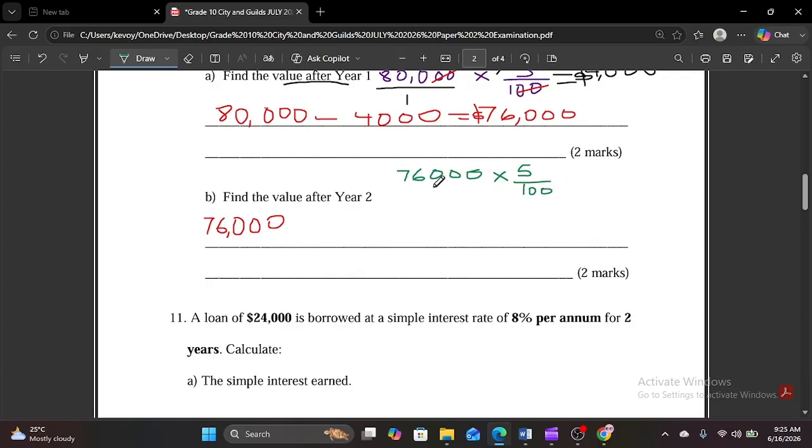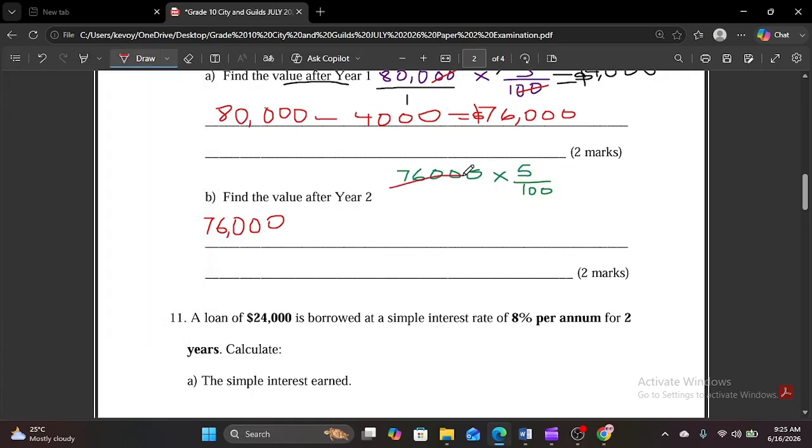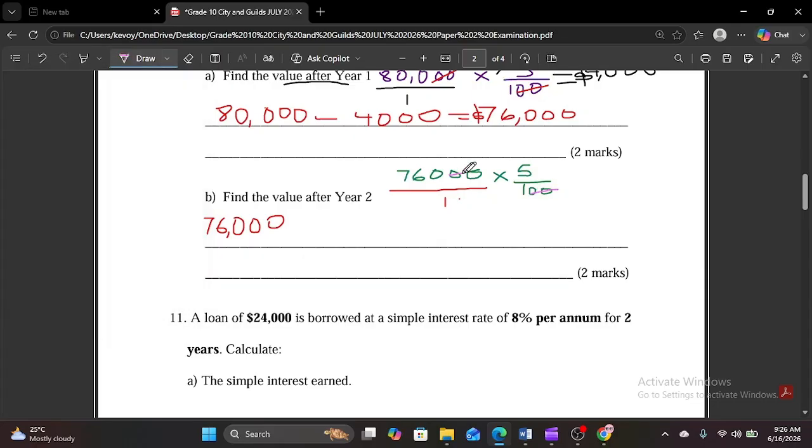As I showed you before, it doesn't matter which step you take, you will get the same answer, whether you use the shortcut or the one before. If you multiply a whole number by a fraction, we put the whole number over one, so that we can multiply numerator times numerator, denominator times denominator. Before we multiply, you can cancel the zeros: cancel one zero, cancel another zero.